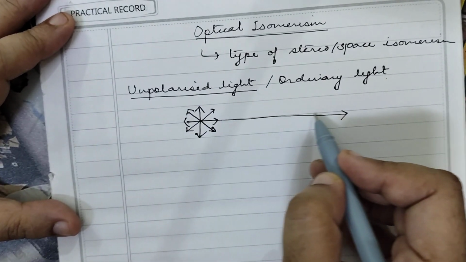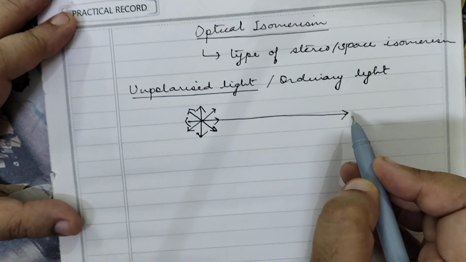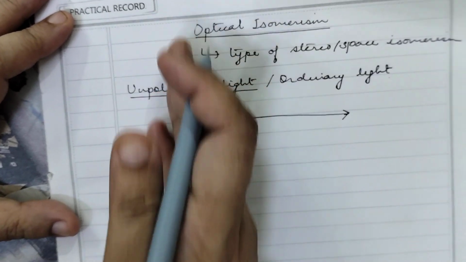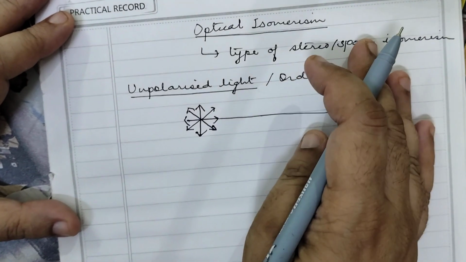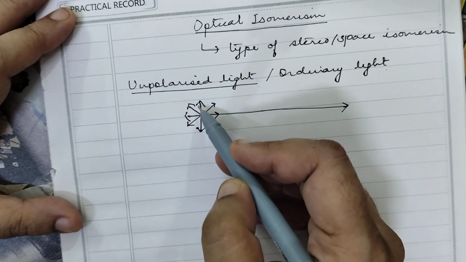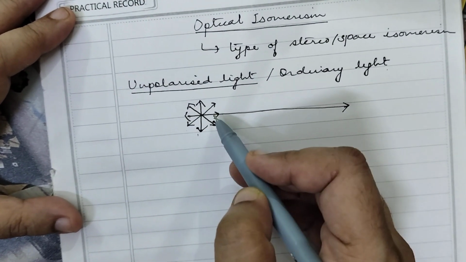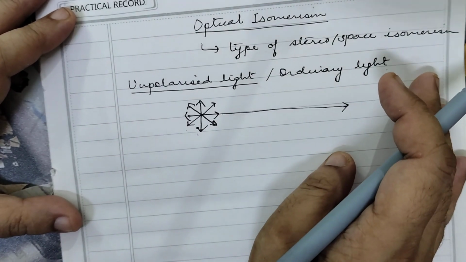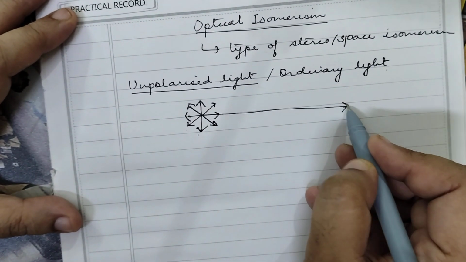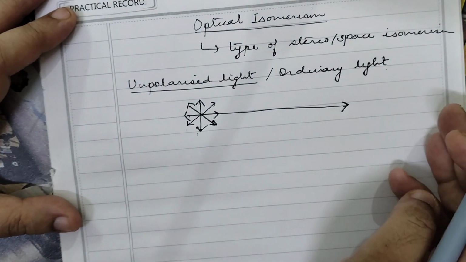This is the direction of propagation of light. So perpendicular to this direction, there are various vibrations. You can see that I have made the vibrations 1, 2, 3, 4, and they are in all different directions, but they all are perpendicular to this direction of propagation.